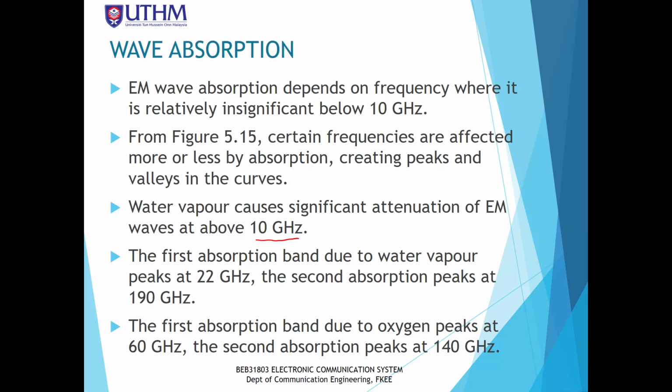So what happens is that, especially during heavy rain, you will experience that there is no signal. People blame Astro because of these issues. Whenever there's heavy rain, there's no signal. But the issue is actually not due to Astro.